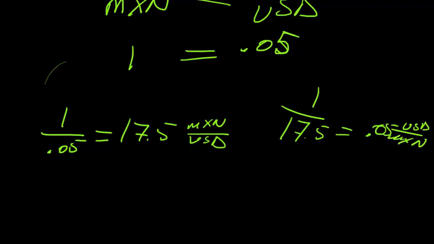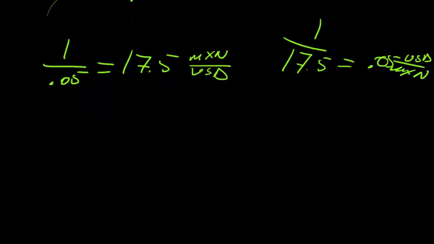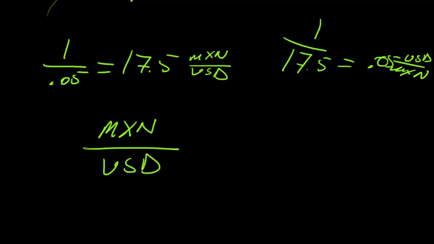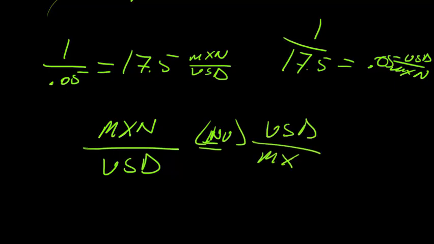Another easy way to think about this, if you forget it later for the exam, is to figure out that MXN over USD is equal to some number, and the inverse of this relationship is USD over MXN.